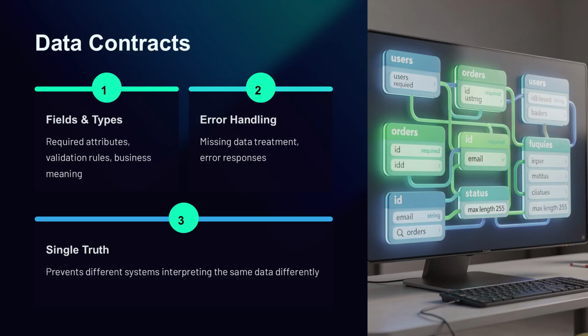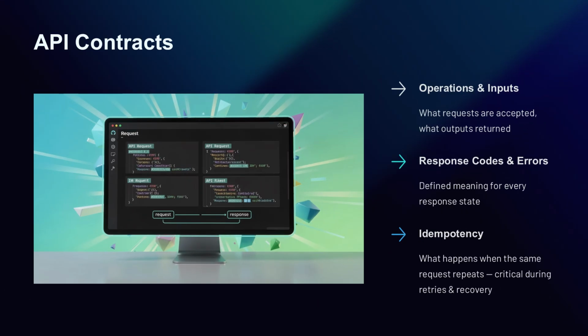It also defines how errors are handled, how missing data is treated, and how the interface avoids creating inconsistent versions of truth across systems. This is how you prevent the common enterprise problem where different systems interpret the same data differently.